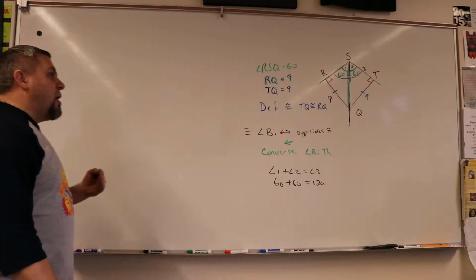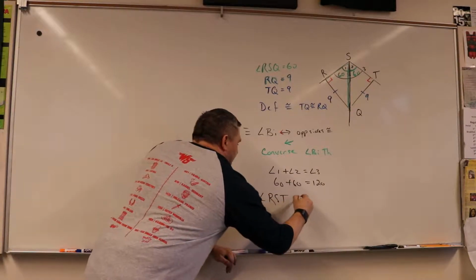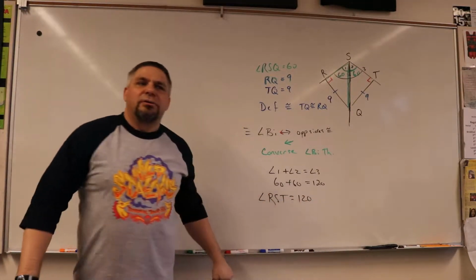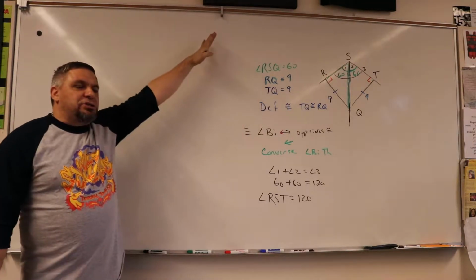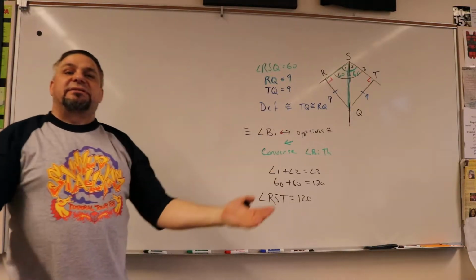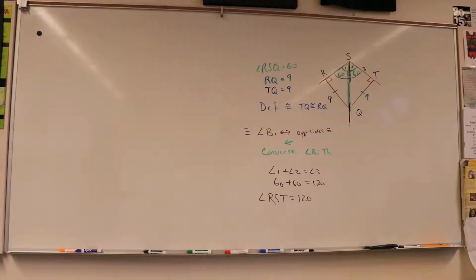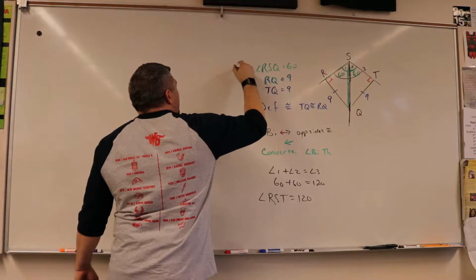So what we want to know is, what is angle RST? Well, that is 120. Okay? Now this is not a two-column proof. This is just going through and telling us what it's called, listing the why. So this is problem number 3, correct?